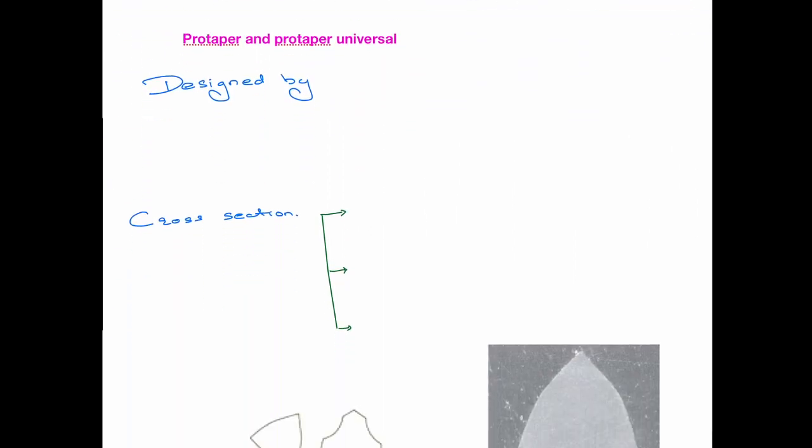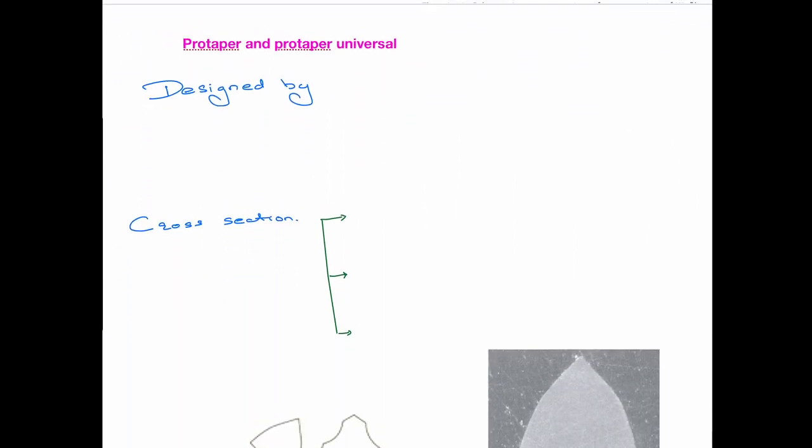Now we'll come to the second instrument in the second generation, which is ProTaper and ProTaper Universal. ProTaper is a very important one, so you have to know the name of the people who designed it.